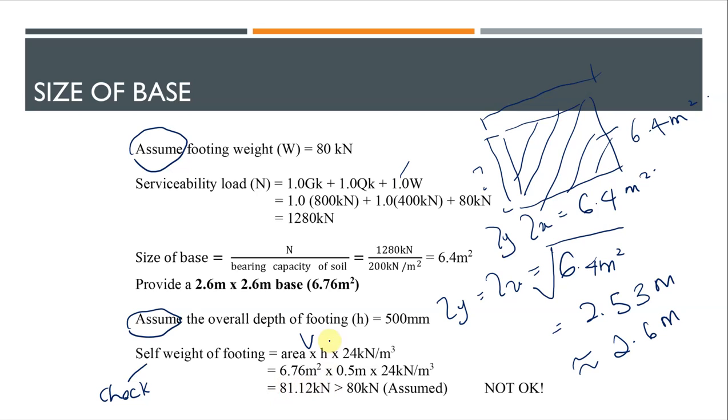So 6.76 ni is based on the size of base yang kita kira, the area. Because volume is lebar darab panjang darab tinggi. So basically you punya foundation like this kan.